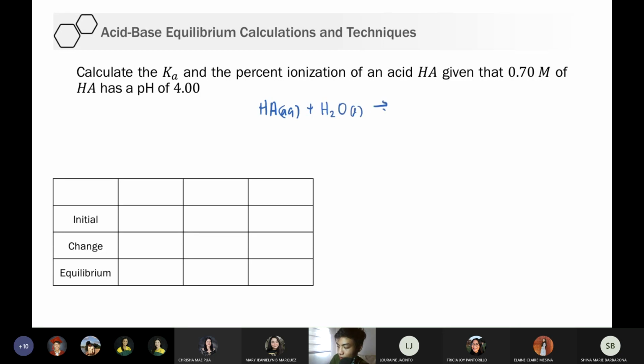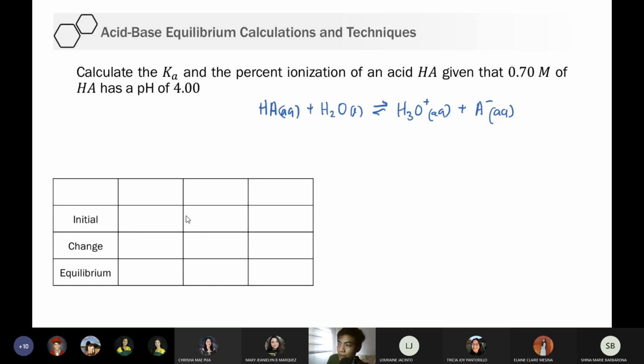It reacts with water to produce H3O+ and its conjugate base, A-. Nandun yan sa previous slides, di ba? Pag tinamad kami mag-isip, HA na lang. So, this is the equilibrium equation for the ionization of HA.